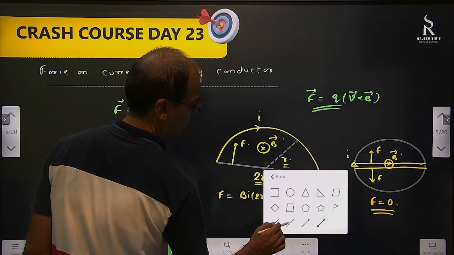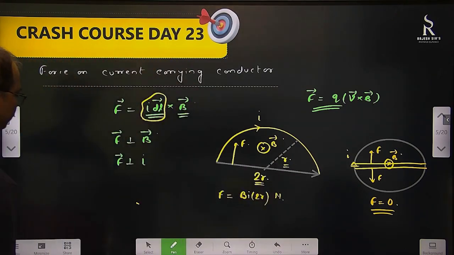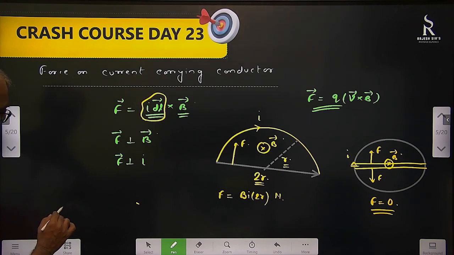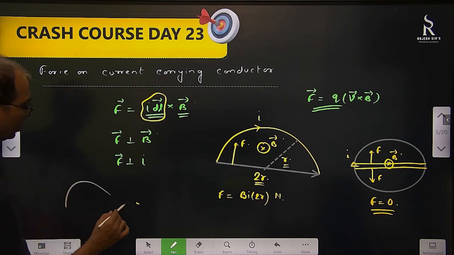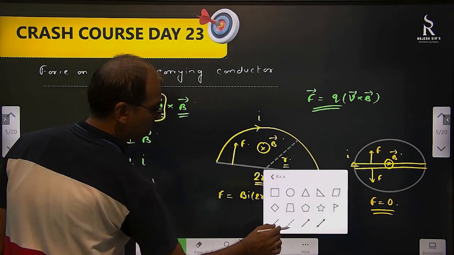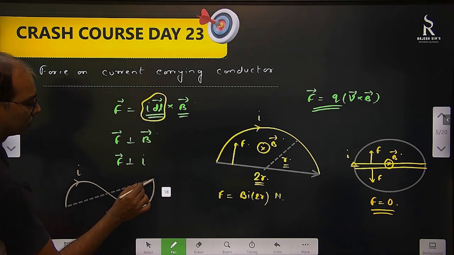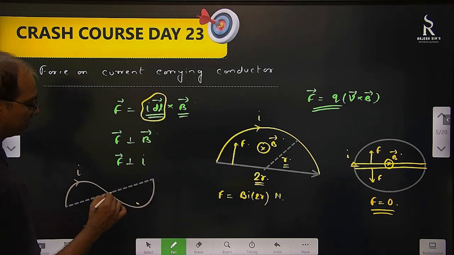One more we do. In that one, I'll be taking something like this, a sine wave we'll make. Like this is the current going. Now in this case, what will be the magnetic force? In this case, we are going to take the length from here to the final point. This is the length.